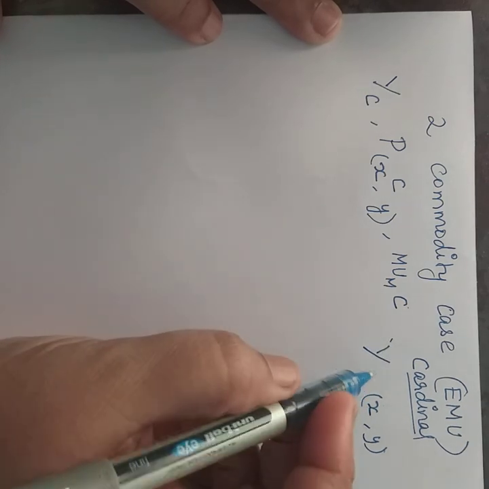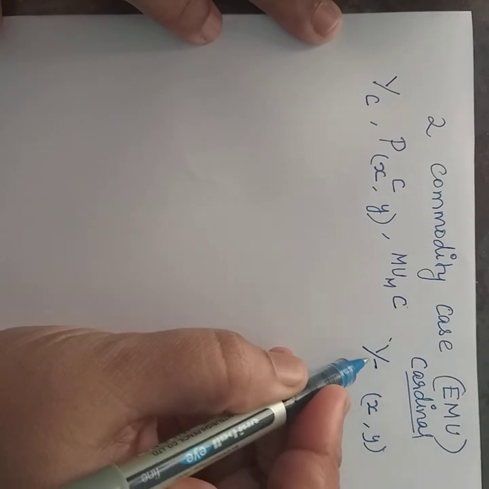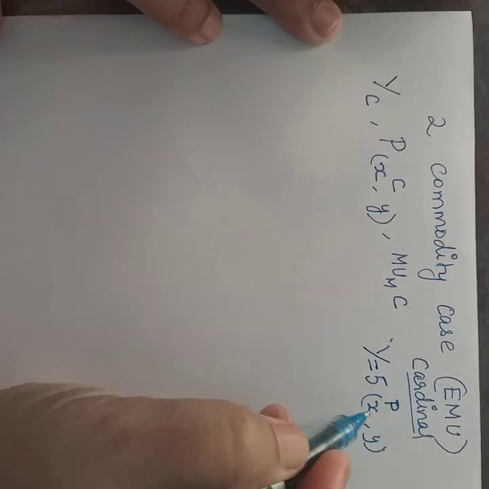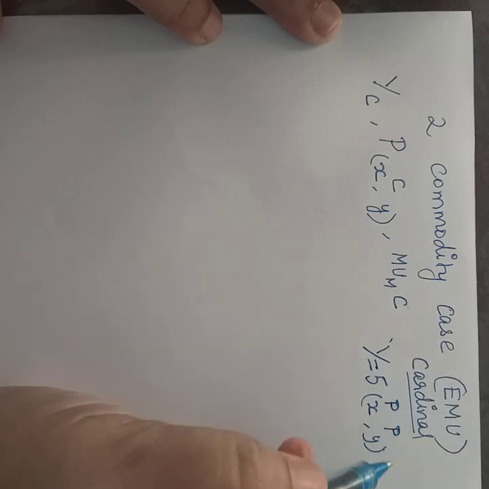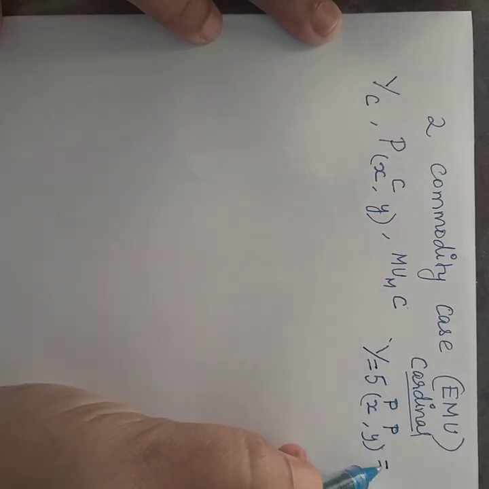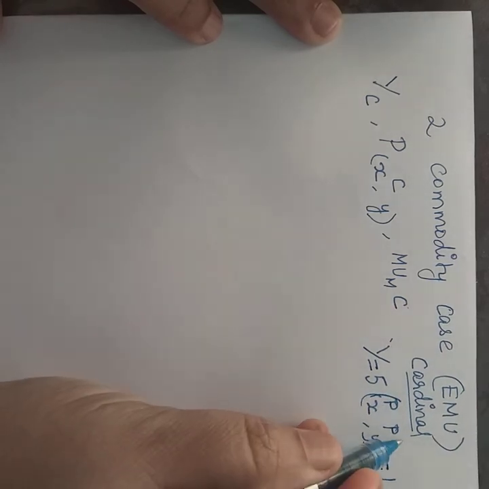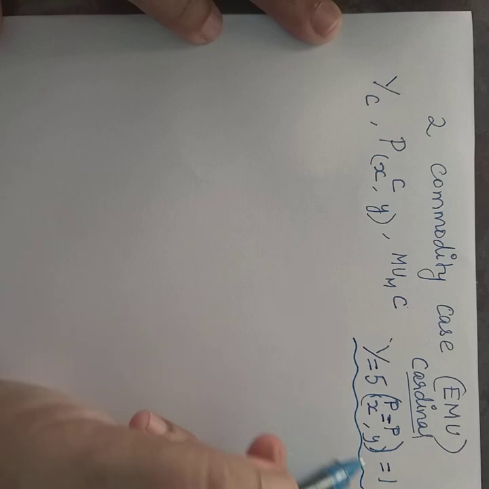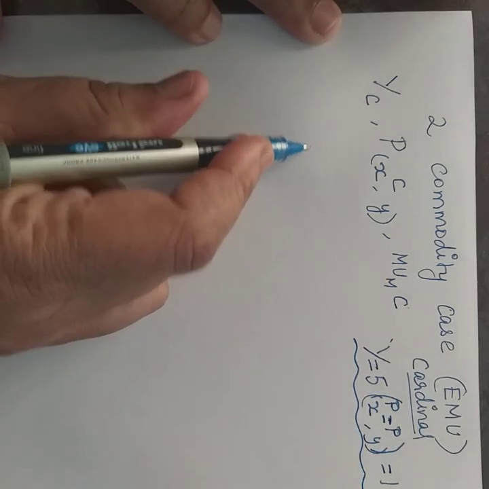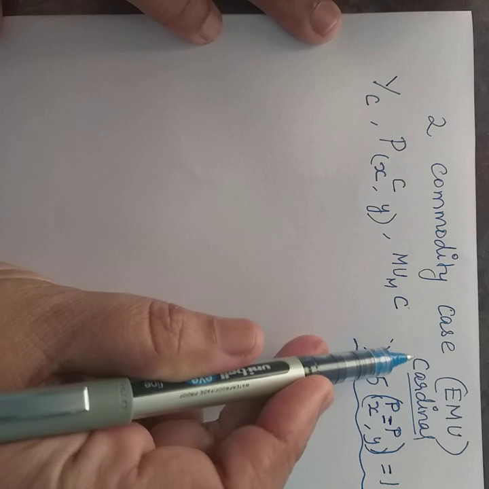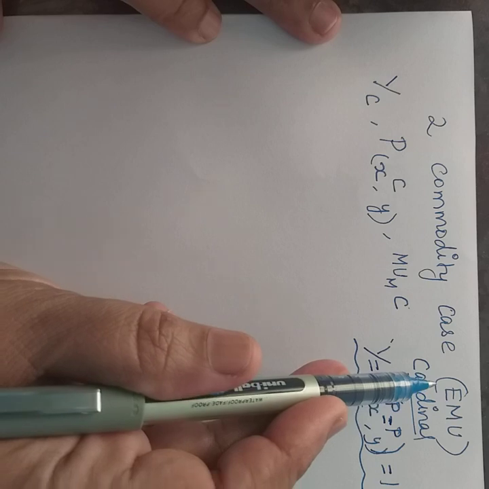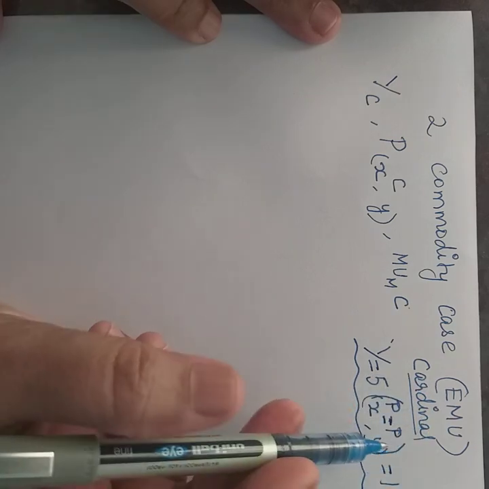So, let's assume that the income given to the consumer is 5 rupees and the price of X and the price of Y both are assumed to be 1. With this, we will make a small table to understand the two commodity case or the cardinal consumer equilibrium theory or the equimarginal utility theory.